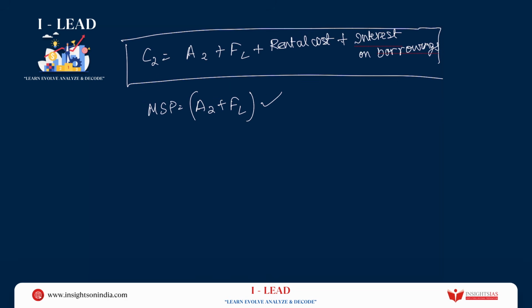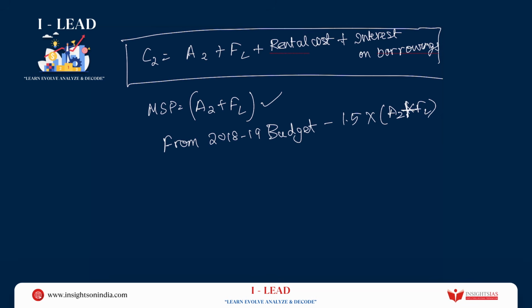In fact, as a matter of principle and custom, from the 2018-19 budget the government has announced that whatever the A2 plus FL is, we will give you 1.5 times of that amount.